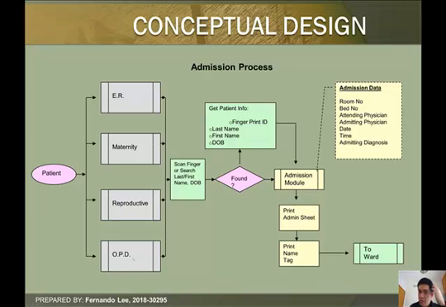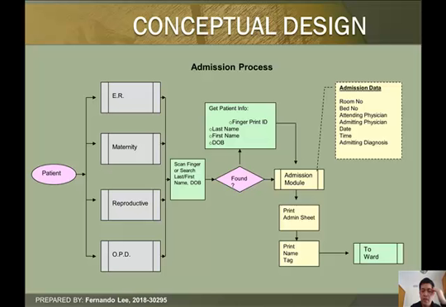And then this one is the admission process. Of course, the patient will come and you want to get admitted. The ER, maternity, reproductive, and outpatient departments are the entry point for the admissions.